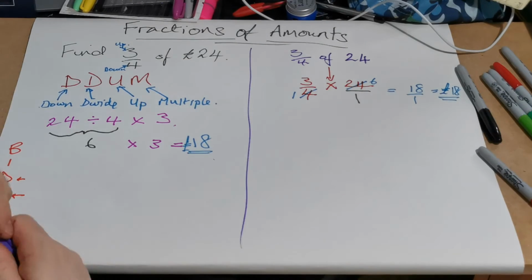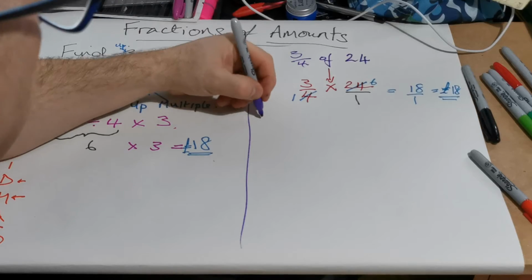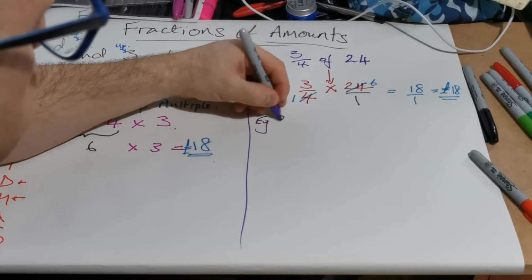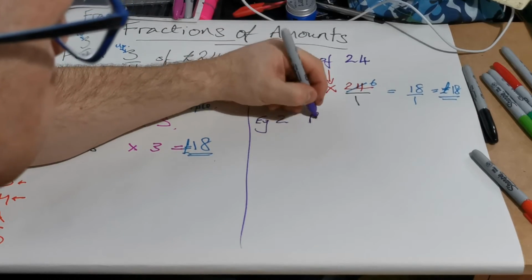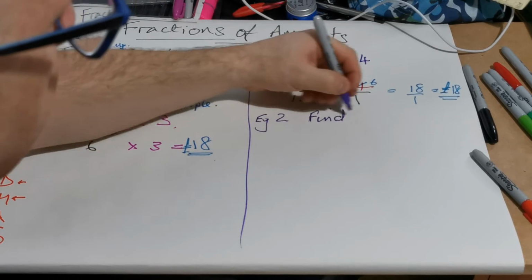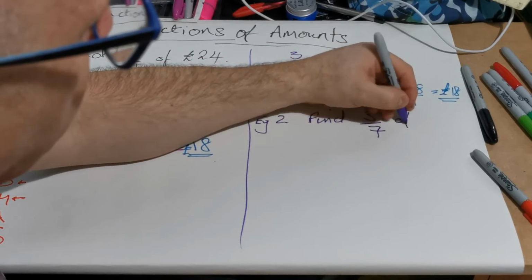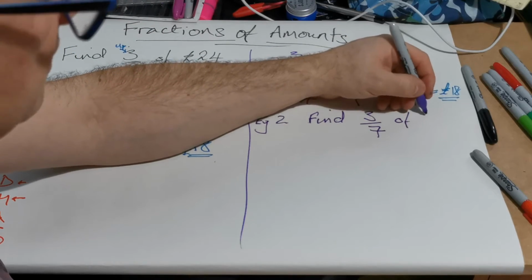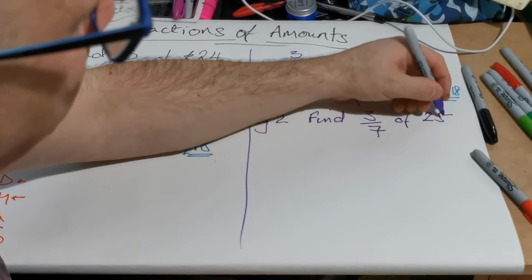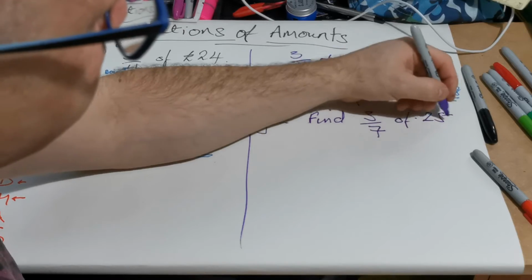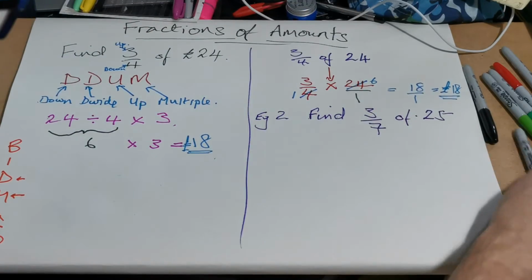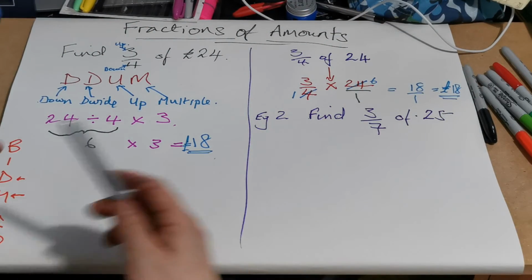Because if I said what is, let's have a look at a second example. Find 3/7 of, what should we say, 25. Just stick it as a number, I don't need any units. 3/7 of 25.